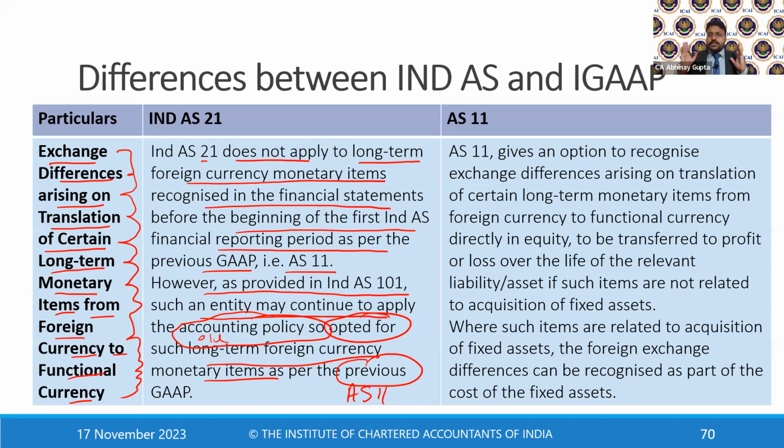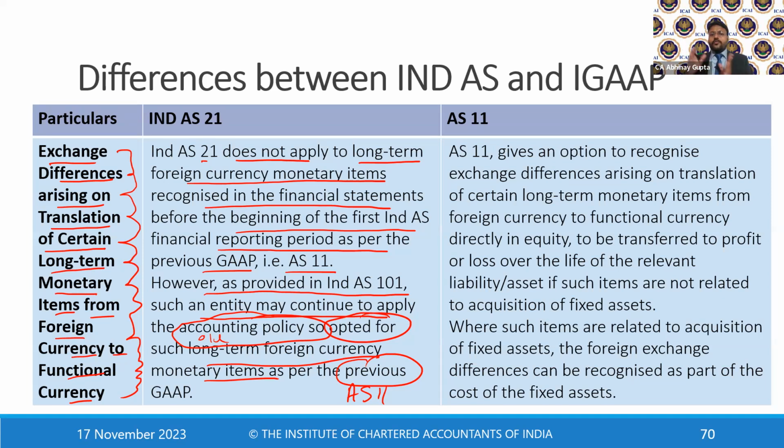So if the company opts that yes, whatever we have been doing under AS 11 for these long-term monetary items, we will continue to do until these long-term monetary items are de-recognized from our balance sheet. So that option is availed.